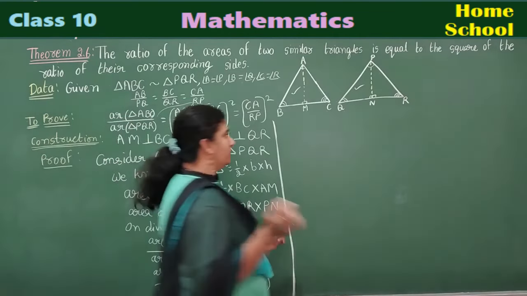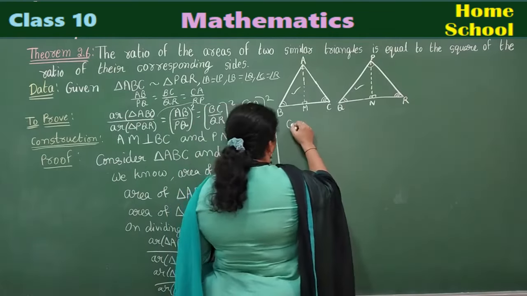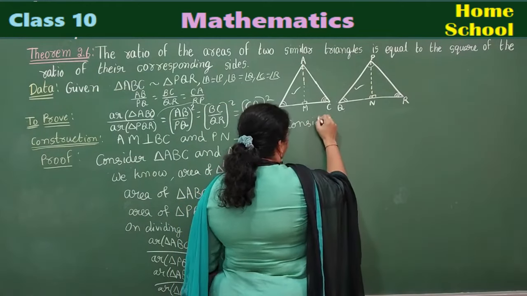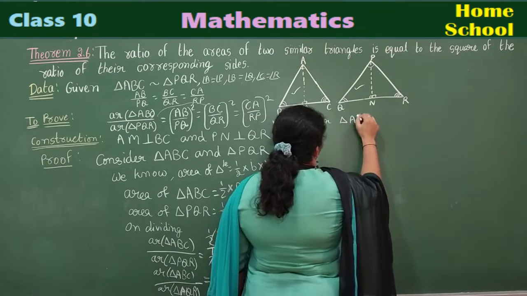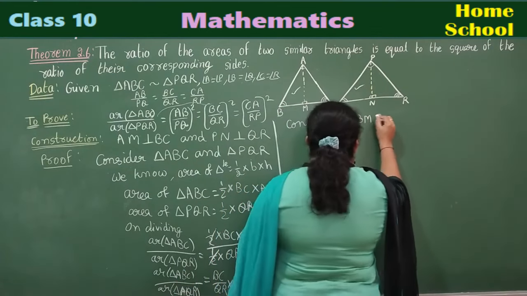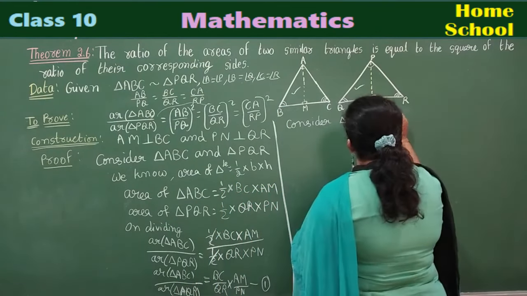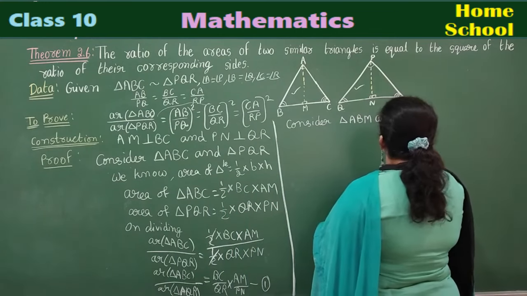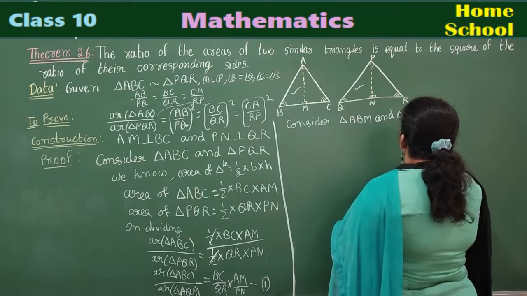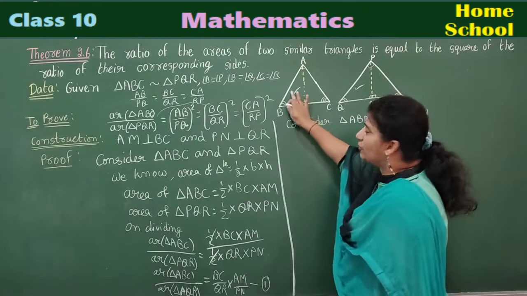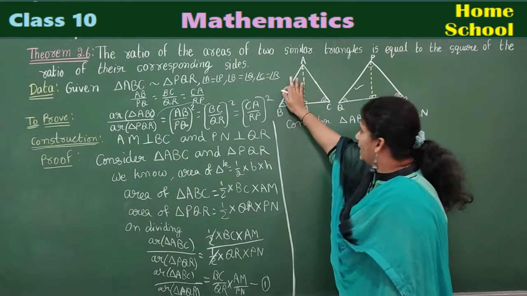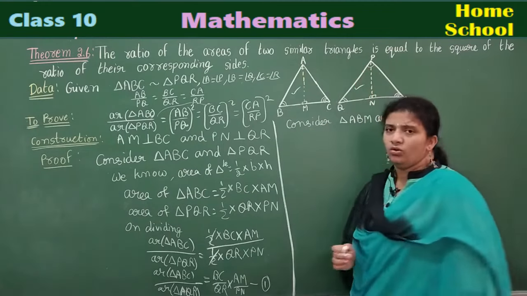So let's see here. How to start the problem? Consider triangle ABM and triangle PQN. Observe here, children, I am not taking the full triangle, I am taking only part of the triangle. ABM and PQN.